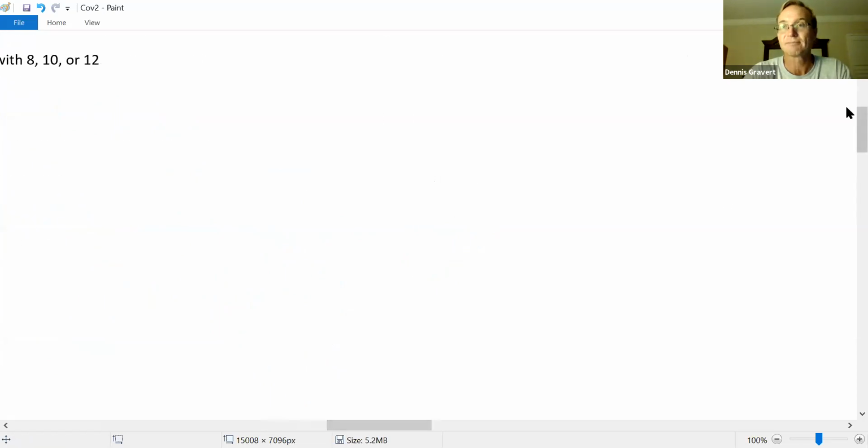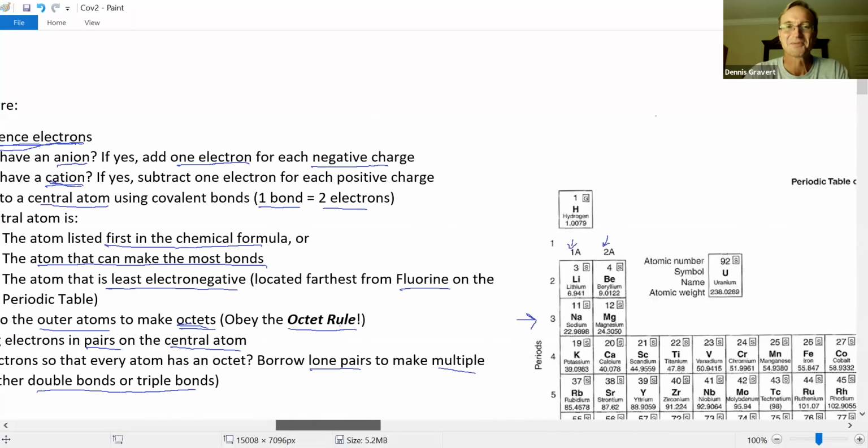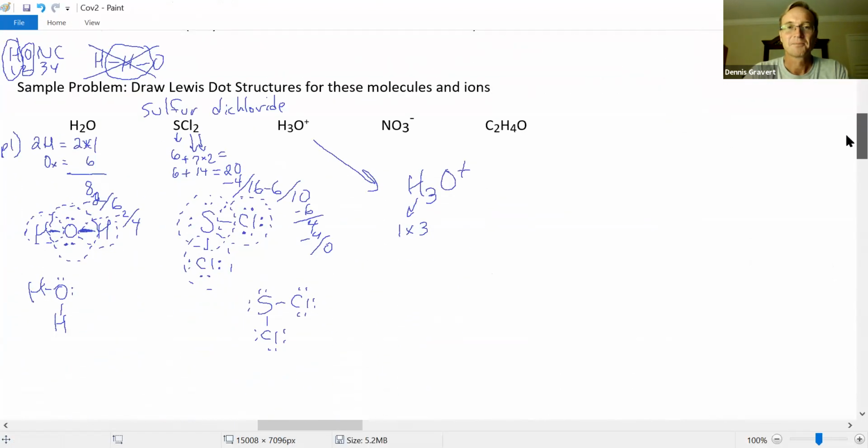Double check. Yep, still in 6. It's always going to be a 6. Oxygen has 6 valence electrons. And we're adding up all the valence electrons. So right now there are 9 valence electrons, but it's a cation.